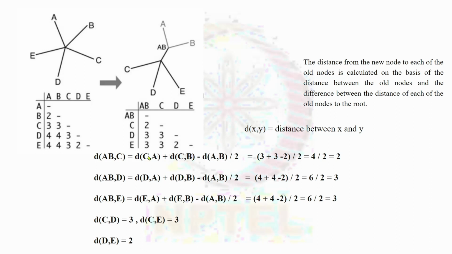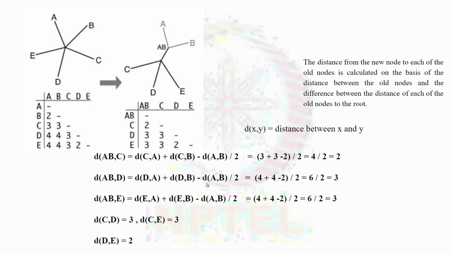We take the sum of the distances of A to the other nodes and B to the other nodes, and subtract the distance between A and B, divided by 2. This gives the new distances. So this matrix is constructed according to the formula shown here. For example, for the distance between the new node AB and C, first we sum the distances of A to C and B to C, which is 3 plus 3.